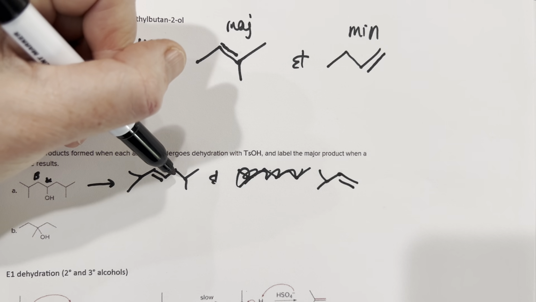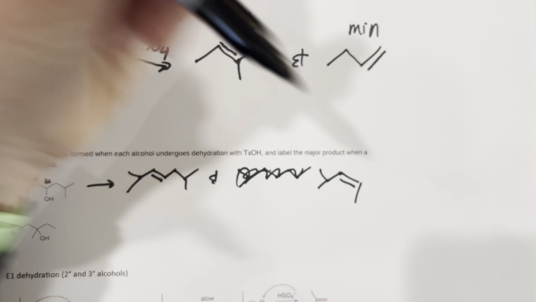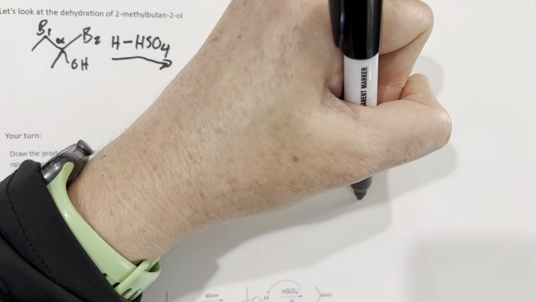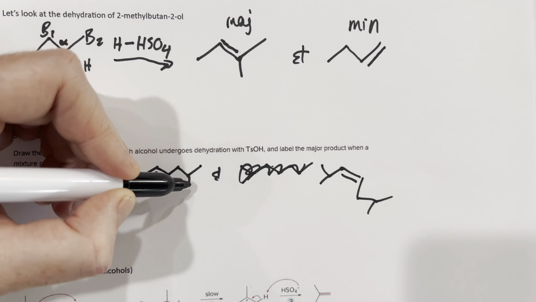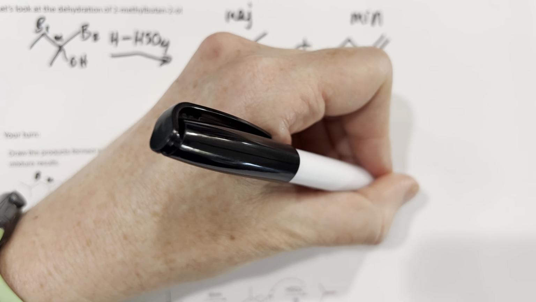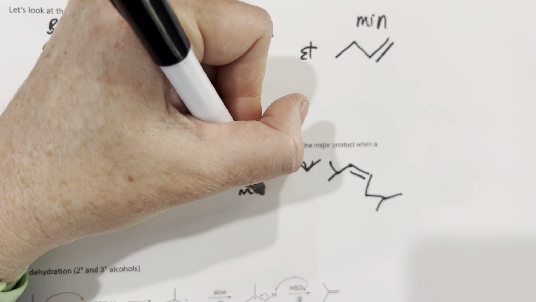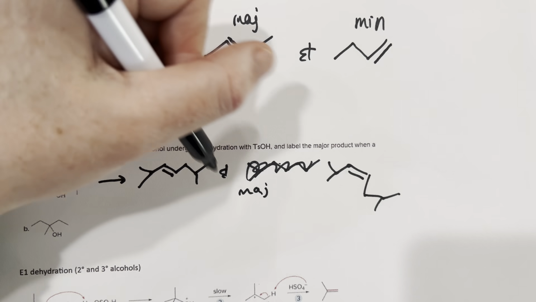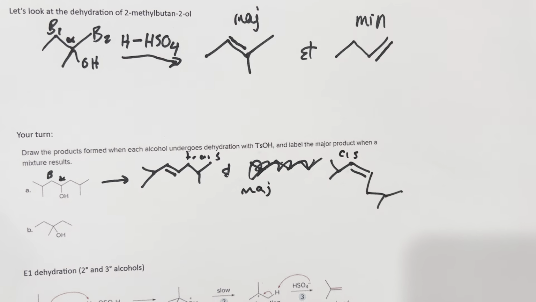In this case, we had this thing going up, and now we'll have this thing going down. So we have 1, 2, 3, 4 carbons down. So these both would be our major products, these two stereoisomers, the cis and the trans. And then we don't have any minor products because we only had one beta.